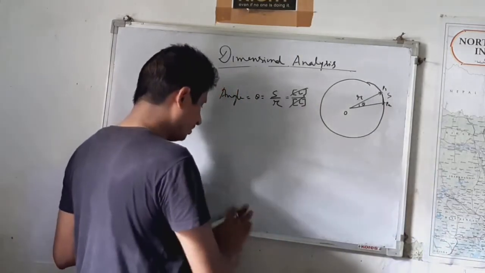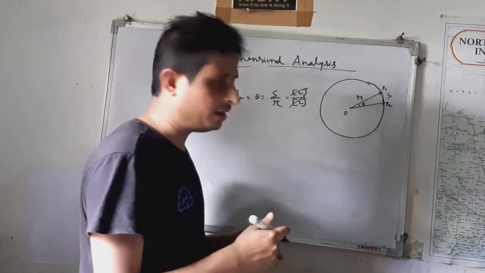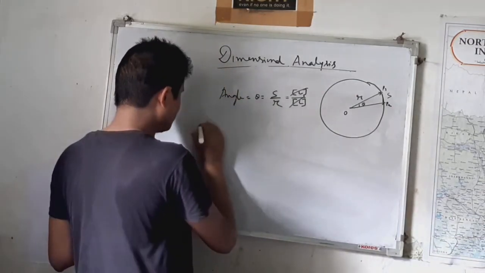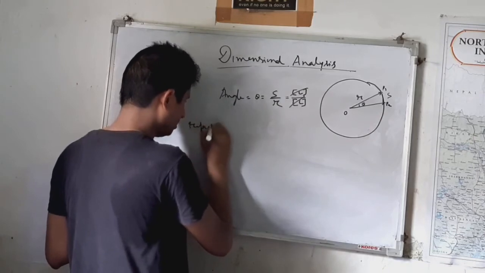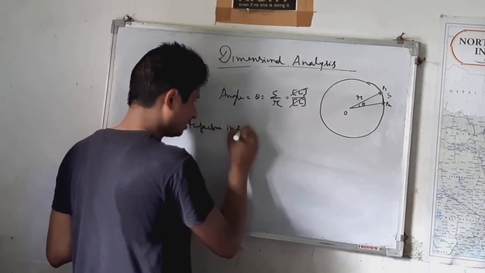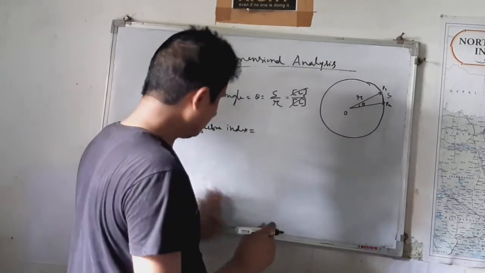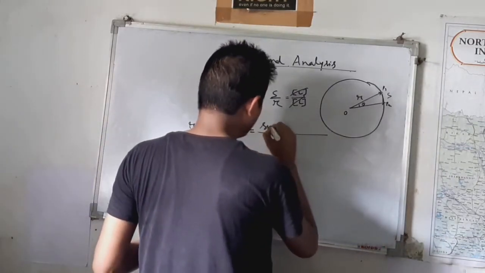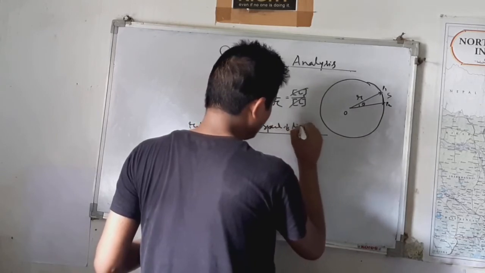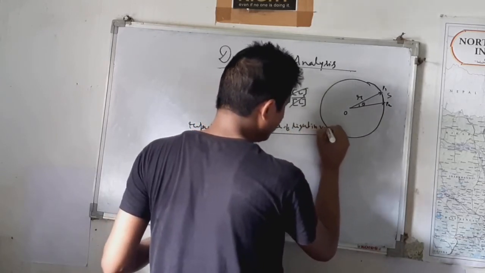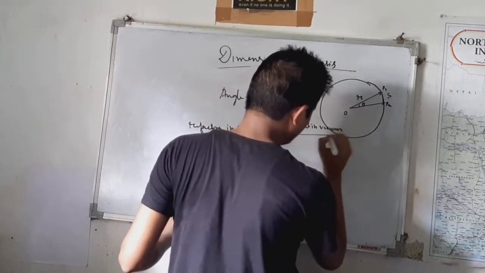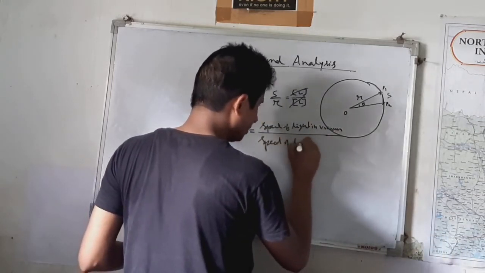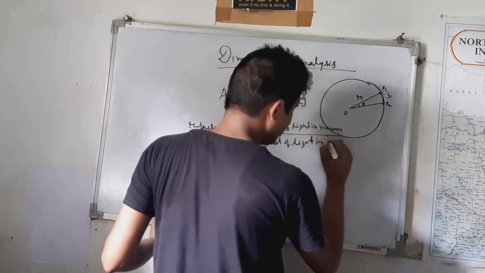Similarly, if you want to calculate the dimensional formula of refractive index, which you will find in optics, it is nothing but the speed of light in vacuum divided by the speed of light in medium.